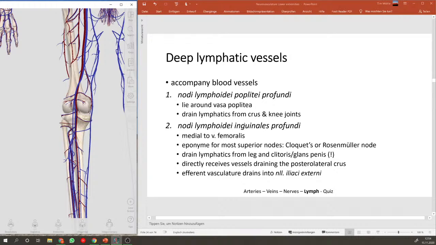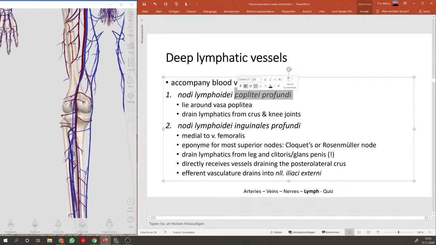Now, the lymph vessels are interrupted in the leg by two important lymph node stations, and these are the deep popliteal lymph nodes, nodi lymphoidei poplitei profundi, and the deep inguinal ones. These you have to know. About the others, I would say don't worry, but of course, the more you know, the better, as always.